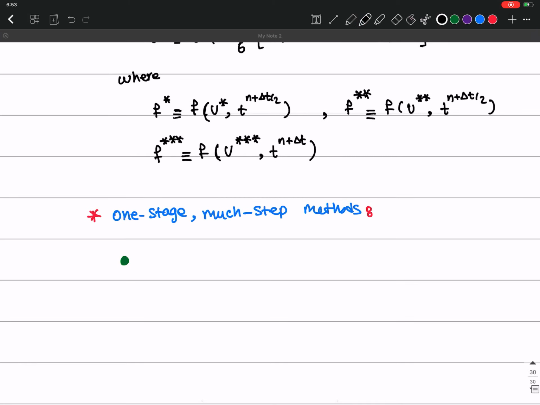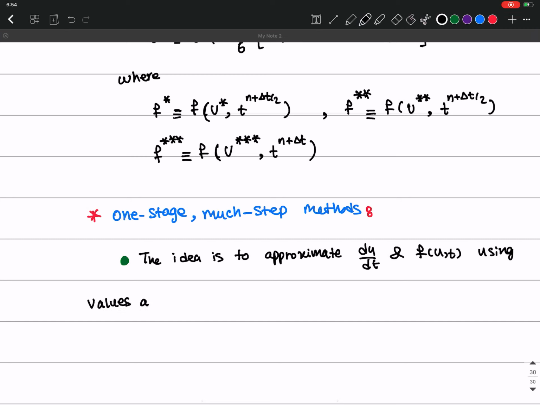So the idea here is to approximate du over dt and f using values at tn plus 1 and at different steps: tn plus 1, tn, tn minus 1, until tn minus p.